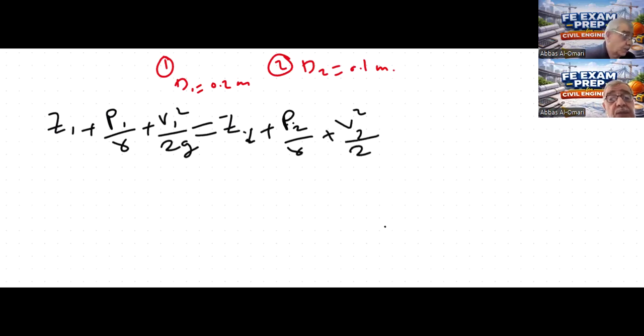So this is the Bernoulli equation between sections 1 and 2.